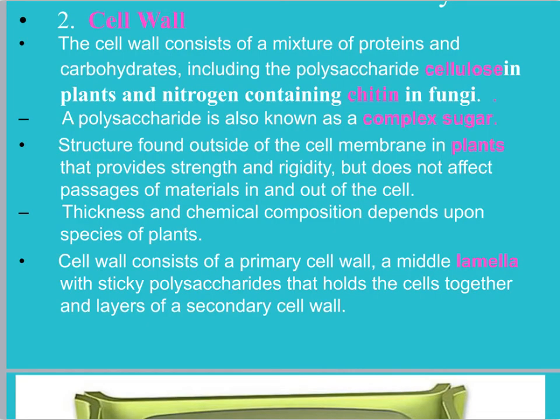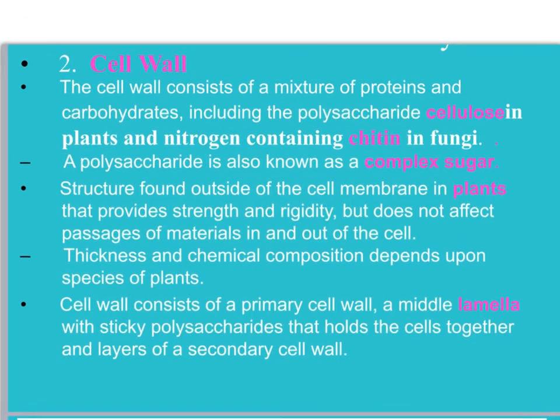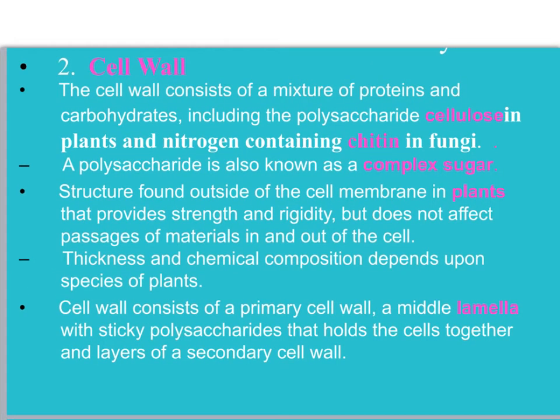So another thing that plant cells have is a cell wall, and this is compared to animal cells. So plant cells have a cell wall. Now, of course, we mentioned that bacteria might have a cell wall, and we also mentioned fungi have a cell wall. So don't forget, plants are not the only thing with a cell wall, but animals do not have a cell wall.